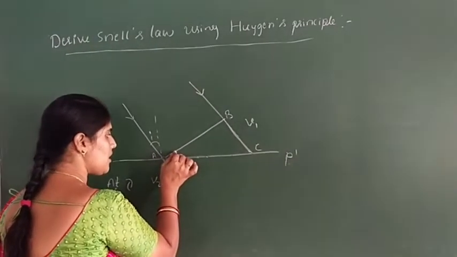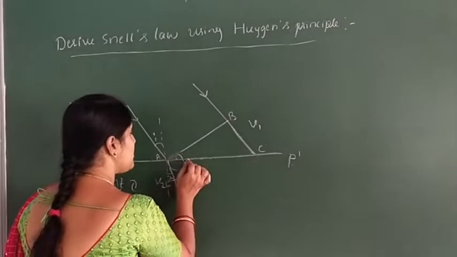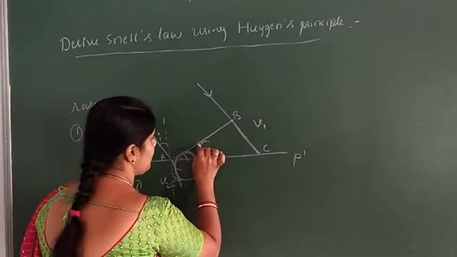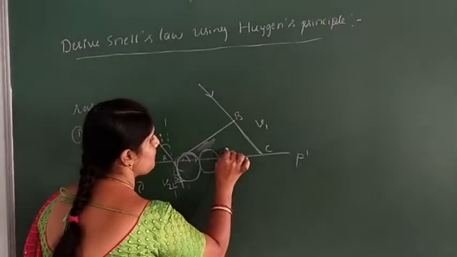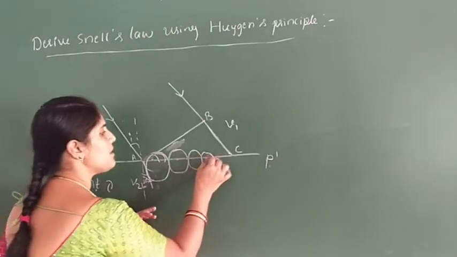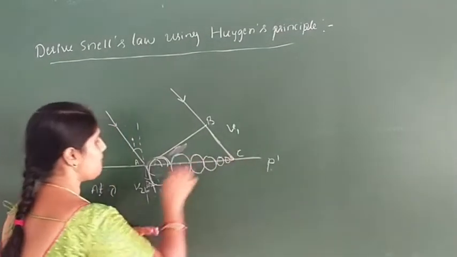Each point forms a secondary wavefront, that means small waves. This point forms a disturbance and forms wavelets. Like this, each forms wavelets.